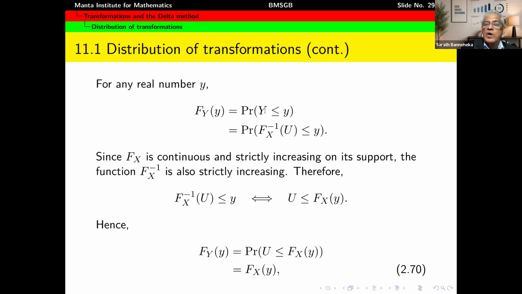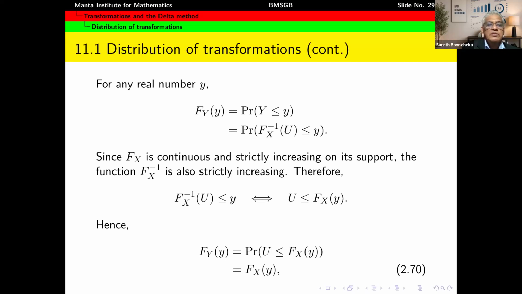But we can now write y in terms of U because we have defined y to be Fx inverse of U. So just replace y by Fx inverse of U less than or equal to y. Now, since Fx is continuous and strictly increasing on its support, especially a non-decreasing function, when you consider the continuous random variable, it is strictly increasing.